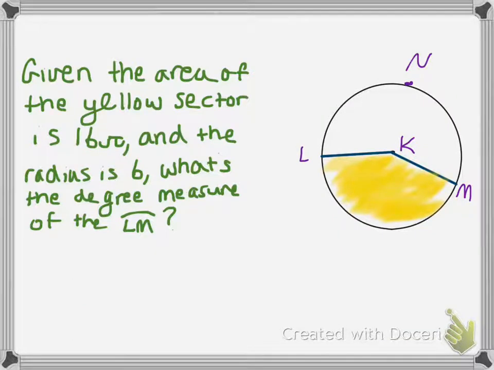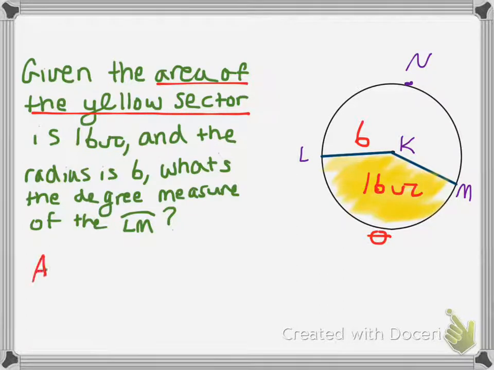One more. Given the area of the yellow sector is 16 pi, so this is 16 pi, and the radius is 6, what's the degree measure of arc LM? That would be this theta measure. This time it's the area of the sector, so that would be area of the sector equals pi r squared theta divided by 360.